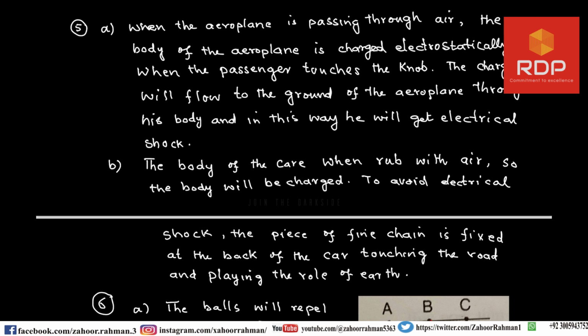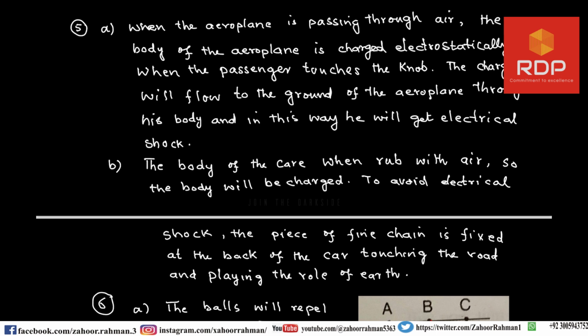Now in B part, they are saying, why do some car owners fix to their cars a piece of fine chain which drags on the road? You can see those chains behind the trucks as well, which are touching the road.